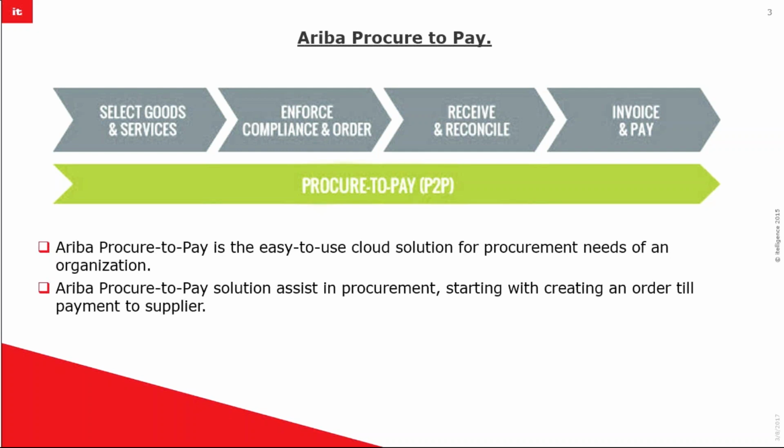If you notice, it's very easy to select the goods or services from a catalog. We can select, and compare it with other catalogs. It's very easy. And apart from that, the UI, the usage of Ariba, we need not have any transaction codes, or go from one screen to another.